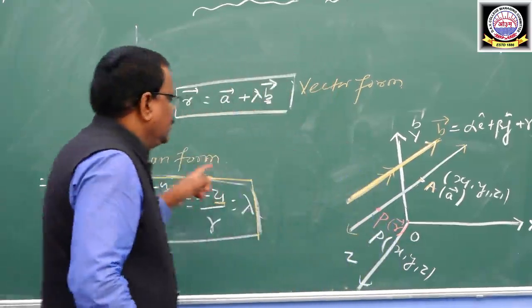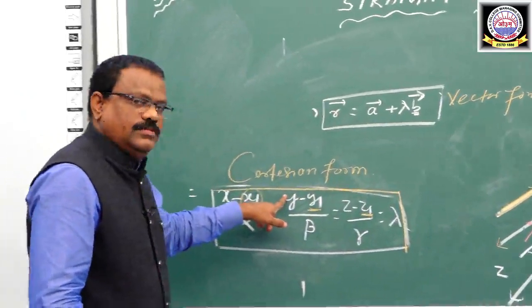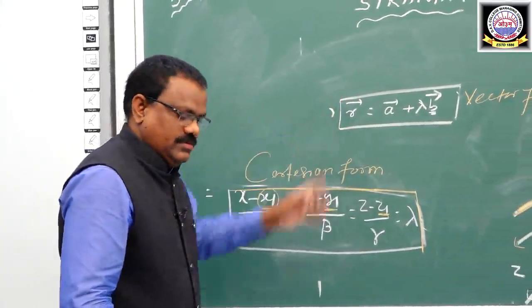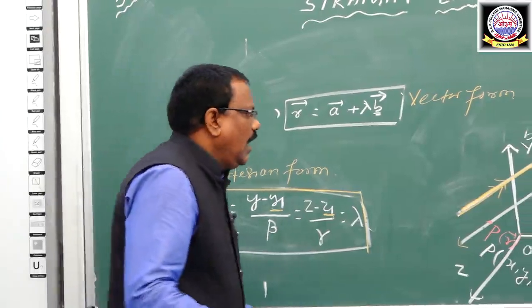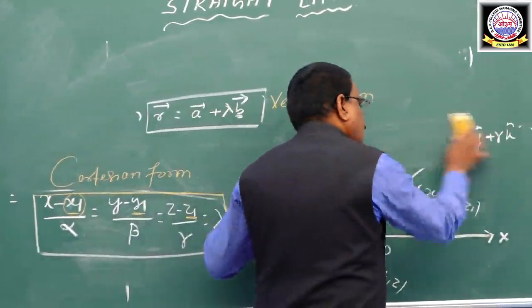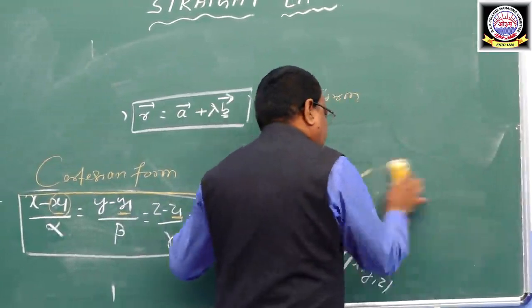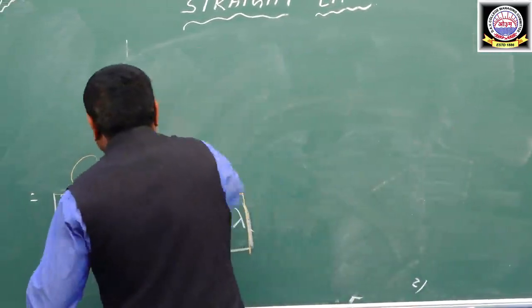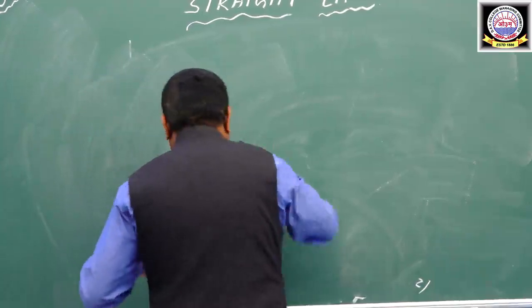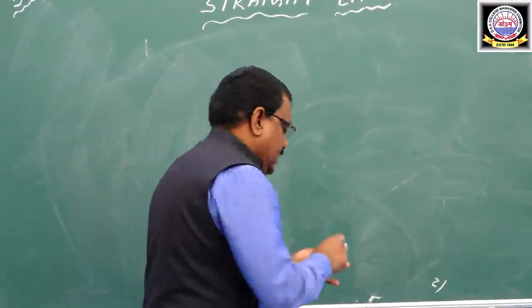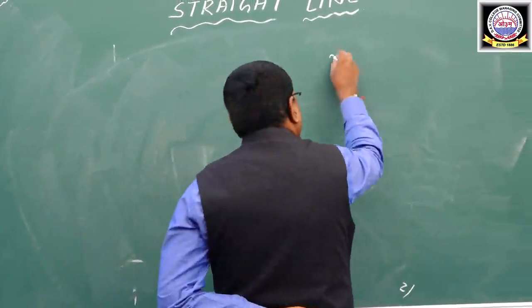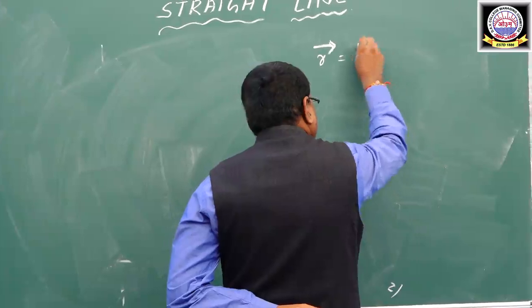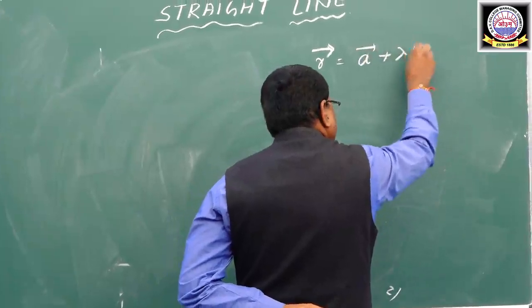Okay. So this is the standard form of the equation of the straight line in Cartesian form. This is in the vector form. Now we will see how to convert the equation of the straight line from one form to another. The vector form is r vector equal to a vector plus lambda b.